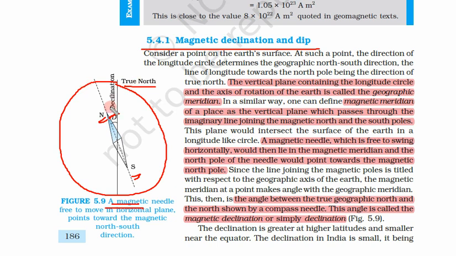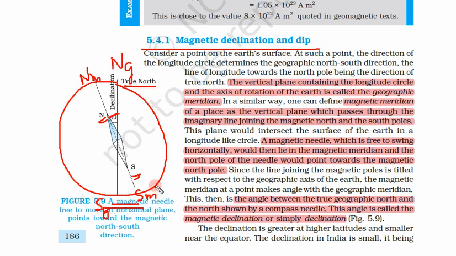The north pole is directed towards this magnetic north NM, and this is geographical north. This is magnetic south and this is geographical south.